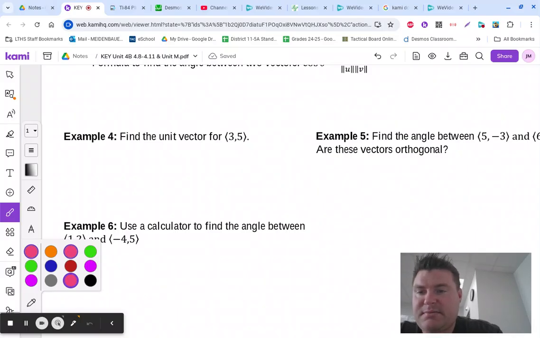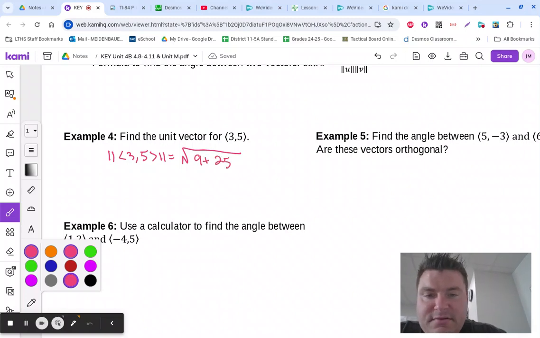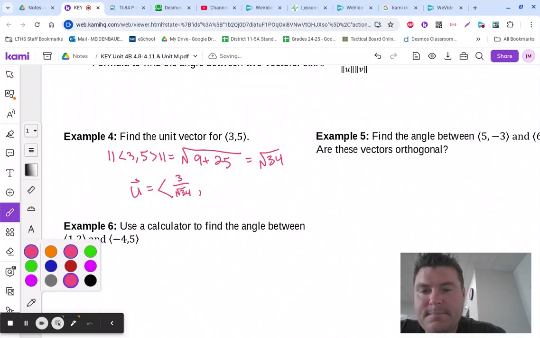So real quick, the magnitude of 3, comma 5 is going to be the square root of 3 squared, which is 9, plus 25, which is root 34. So all we're going to do to find the unit vector u is take each component and divide it by root 34.